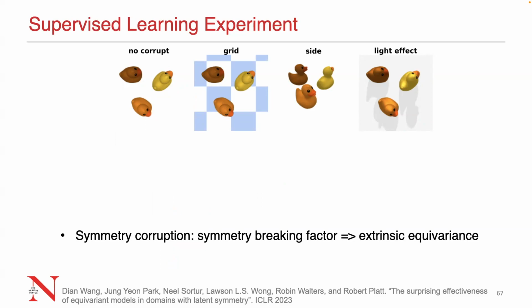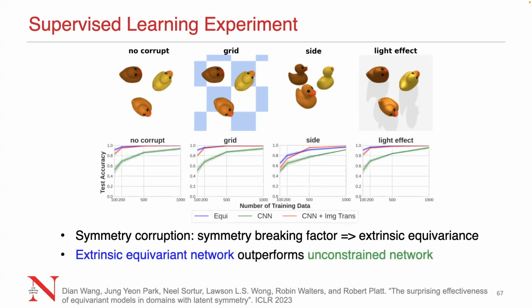Under each of the symmetry corruptions, we compare the performance of an extrinsic equivariant network versus an unconstrained CNN. In the plot, the blue line is the extrinsic equivariant network and the green line is the unconstrained network. The x-axis is the number of training data in the training set, and the y-axis is the test accuracy after convergence.